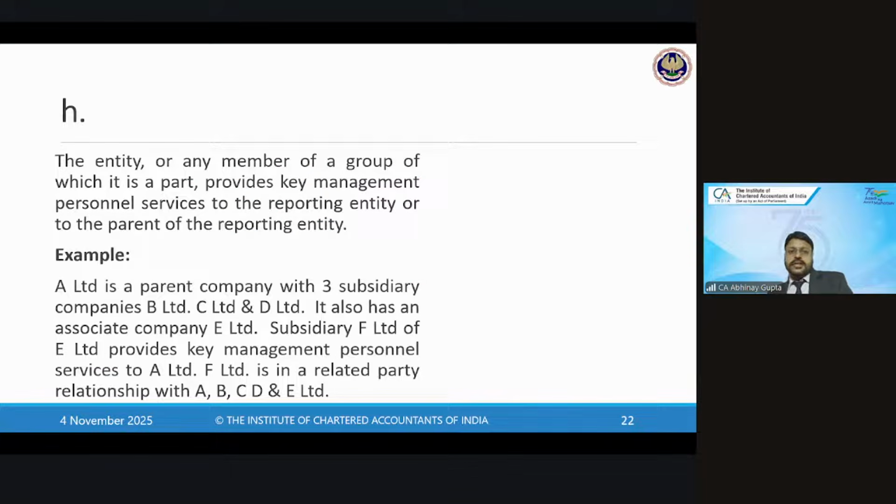Clause H: the entity or any member of a group of which it is part provides KMP services to the reporting entity or to the parent of the reporting entity. The issue is with the core language. When we read it, it is very difficult to understand what the standard is intending. But when we are clear on our hierarchy and charts, try to draft charts for these clauses, as I'm also drafting in discussion, for easy and quick reference.